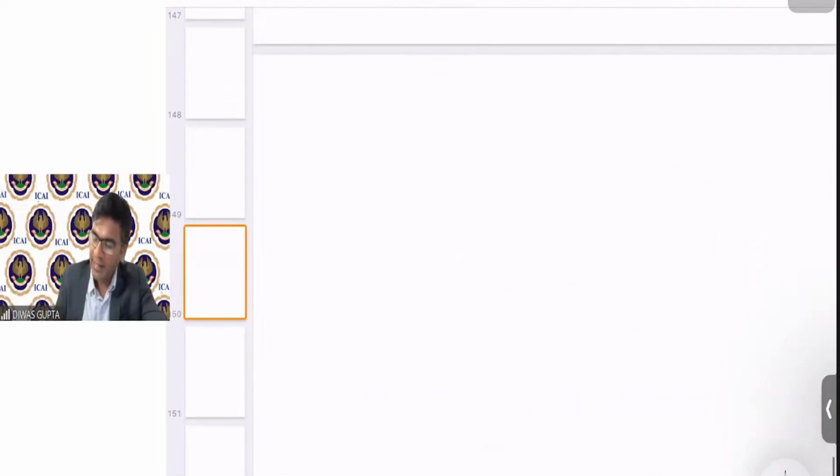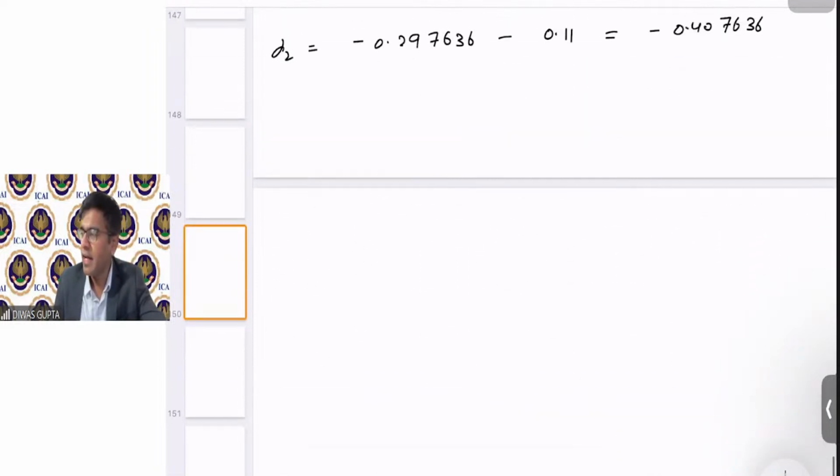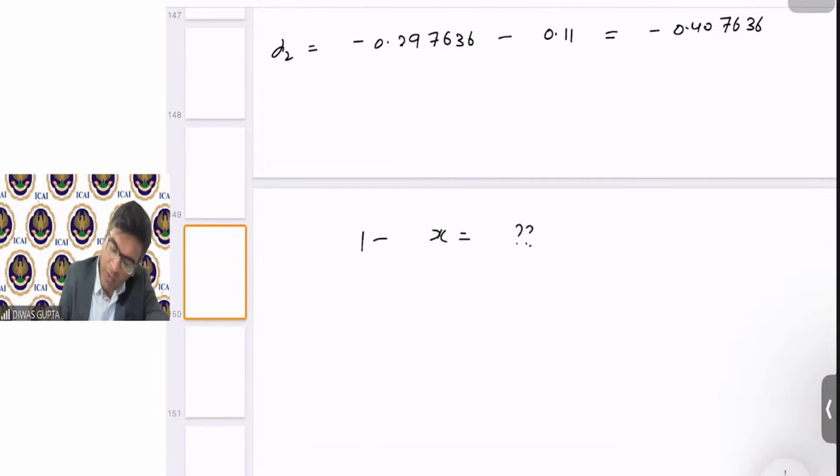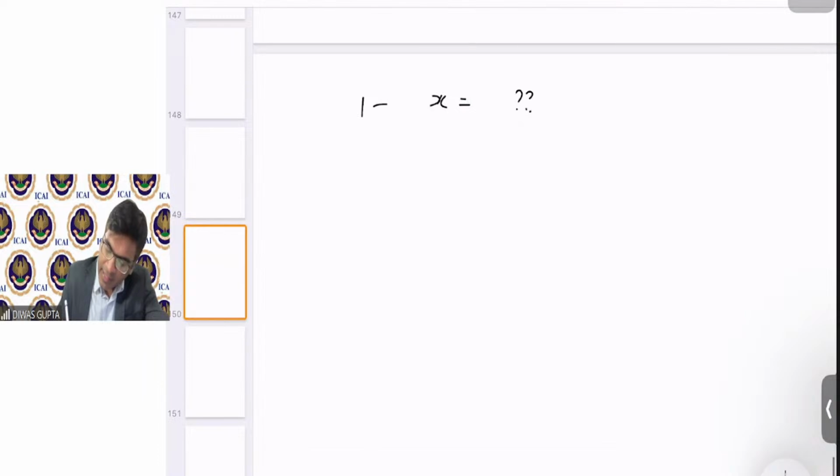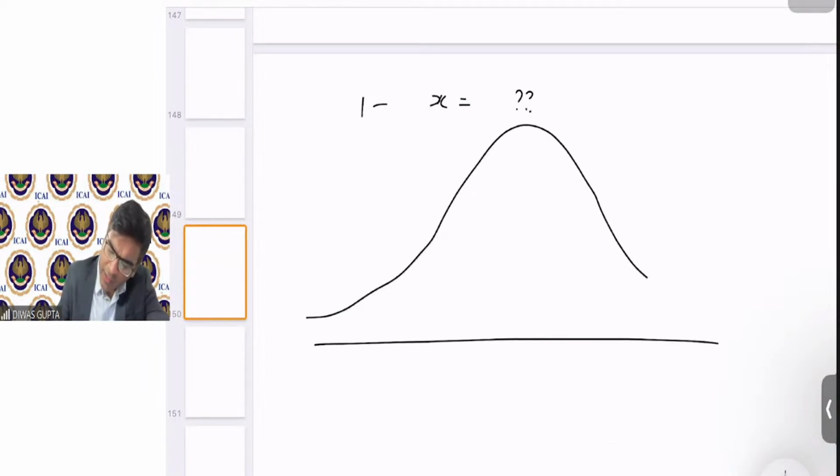Namrata is asking, in case in the question we have been given area from 1 to right and we need 1 to left, what do we do? We will do 1 minus that area, whatever is given, and that will be your answer. As a principle, if you understand how the standard normal distribution works, it is exactly the mirror.